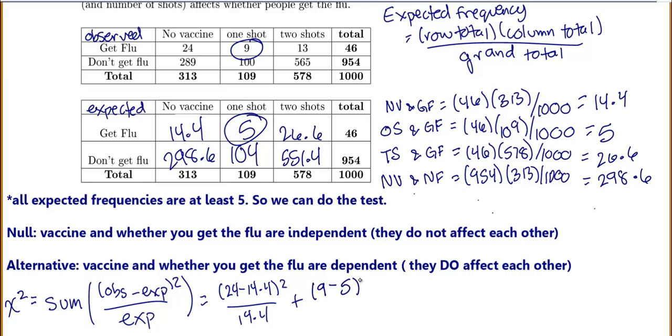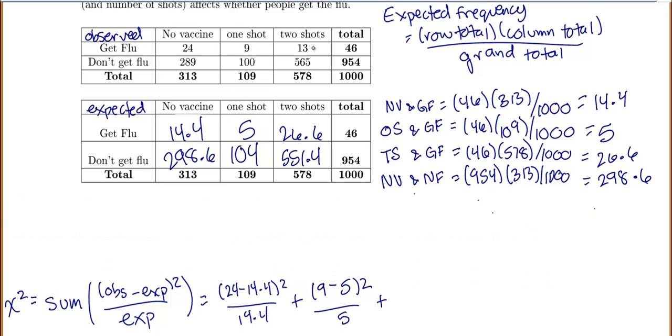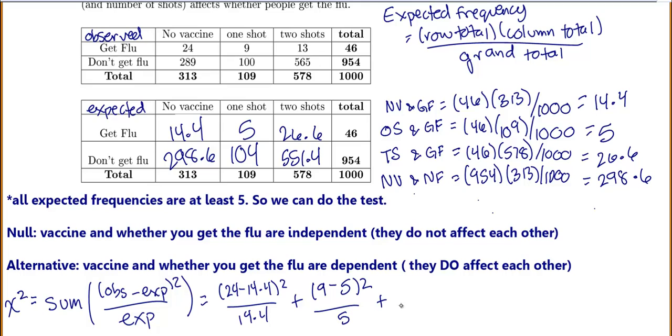So 9 minus 5 squared over 5 plus, my next spots are 13 and 26.6 squared over 26.6 plus my next spot is 289 and 298.